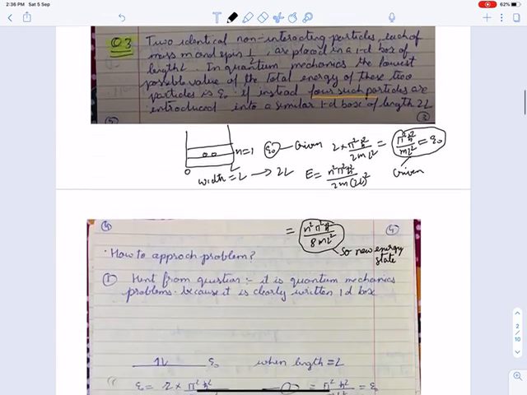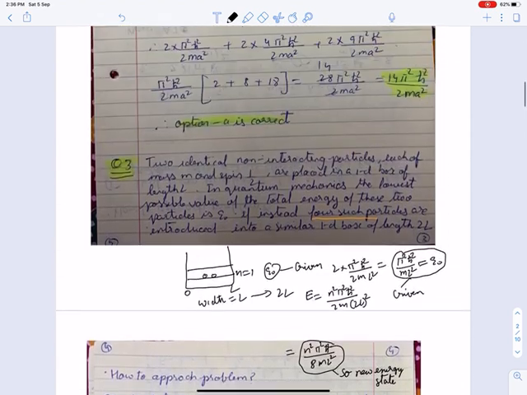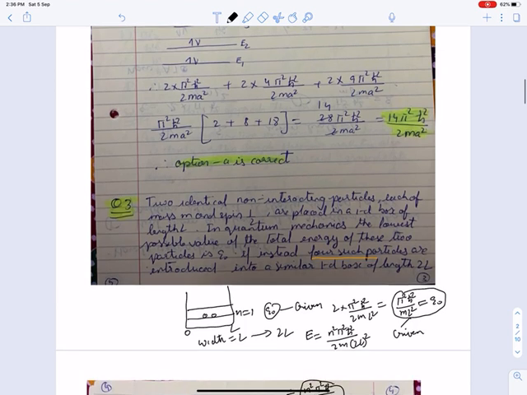Basically you have to understand what it is saying: first we have to convert this English into the given mathematics. This statement, two identical non-interacting particles in a 0 to L box, means pi square h cut square upon mL square is equal to epsilon naught.